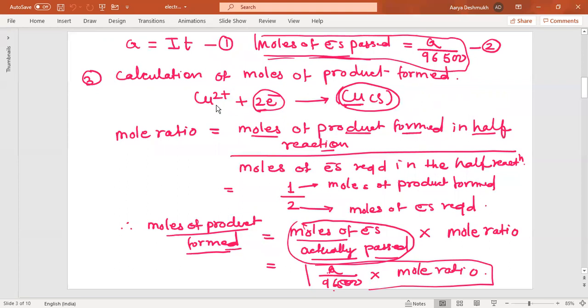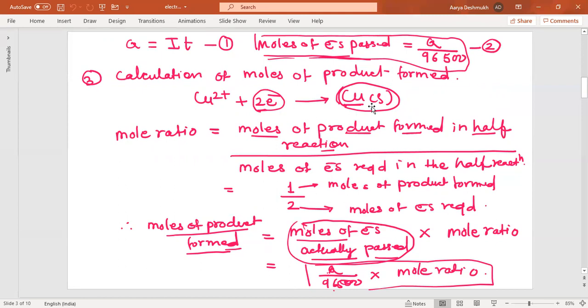Suppose we have this equation; we need to use the mole ratio here. Copper 2 plus gains 2 electrons and is converted into copper in solid form. What is this mole ratio actually? It is the moles of product formed in the half reaction divided by the moles of electrons required in the half reaction.